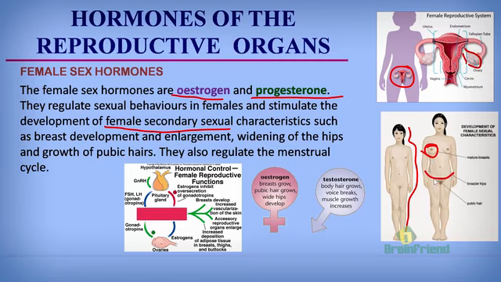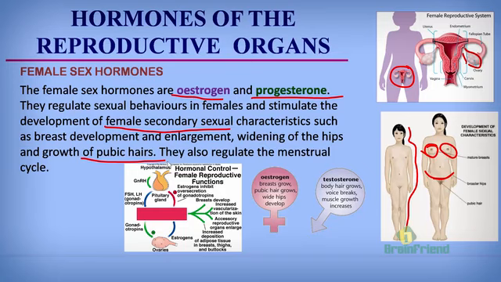They are responsible for the enlargement of the breast as an adolescent continues to grow, or as a young adult continues to grow. They also help in the development of pubic hairs in the bodies of females, and they help in the proper development of the female physique. All of these are performed by the female sex hormones.